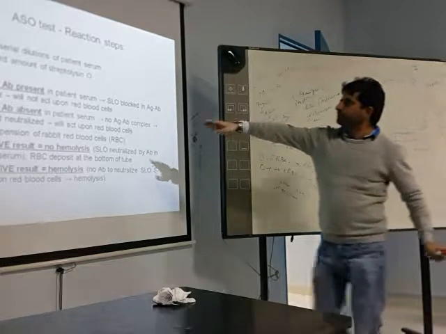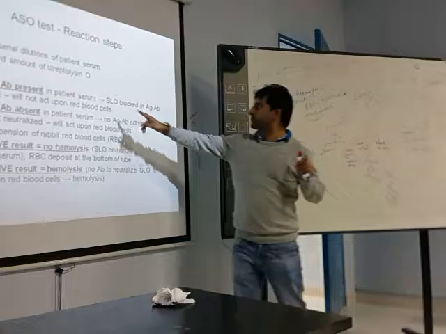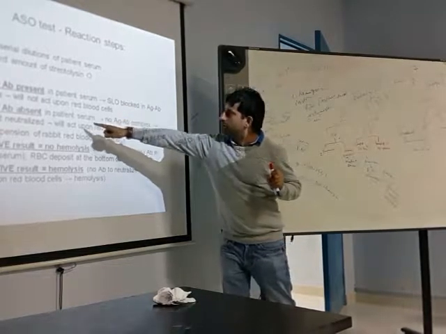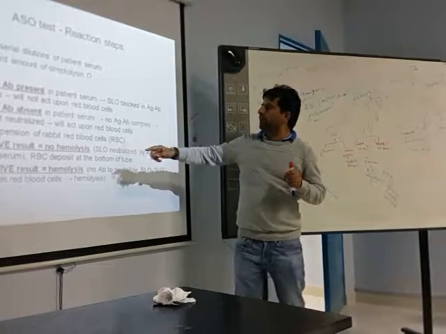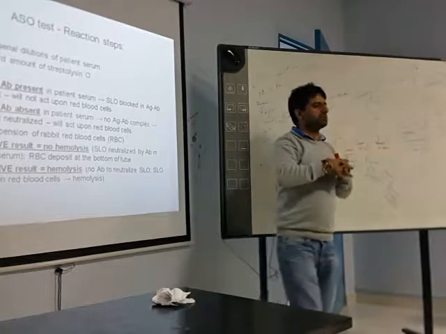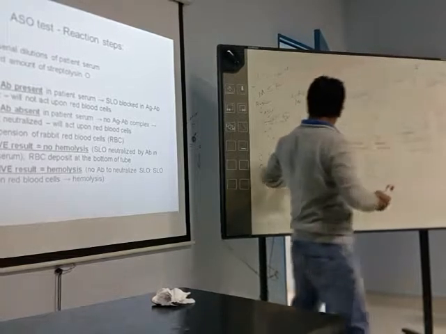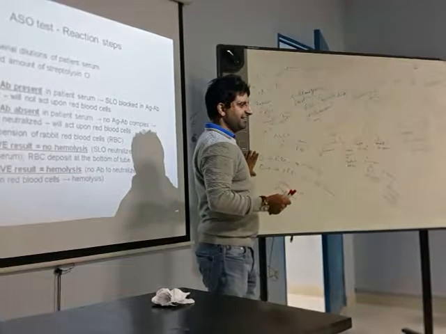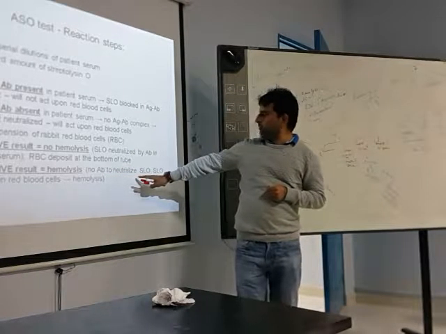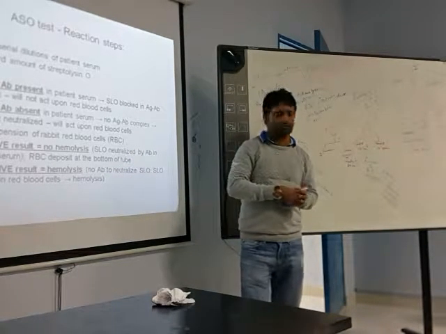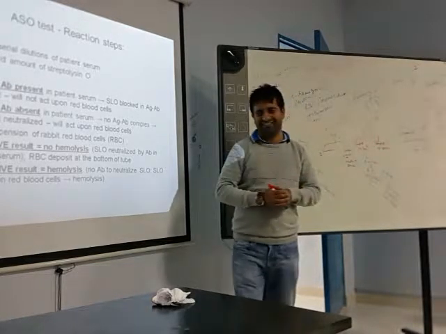If your body did not produce any kind of antibody, then there will be no antigen and antibody complex, and this toxin will act upon the RBCs. You got the point or not? So negative is the presence of antibody? Correct, negative is no antibody to neutralize.